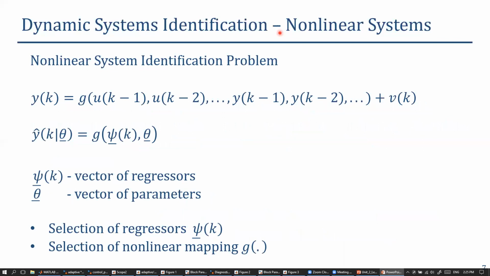Nonlinear system identification problem is to find the nonlinear mapping, to find the vector of regressors and the vector of parameters, and to actually identify the parameters and get the correct nonlinear mapping. So this is written like that.